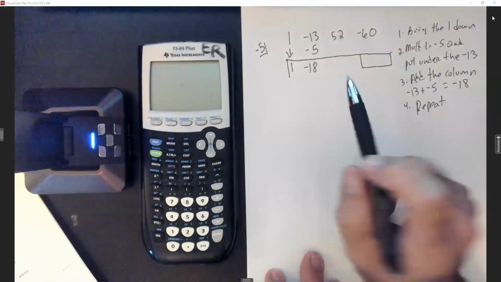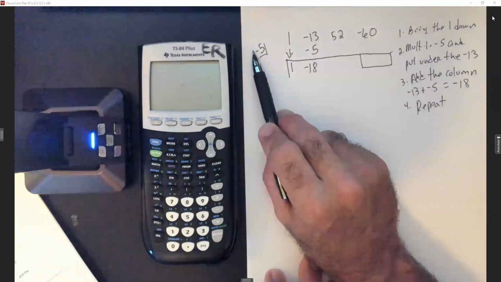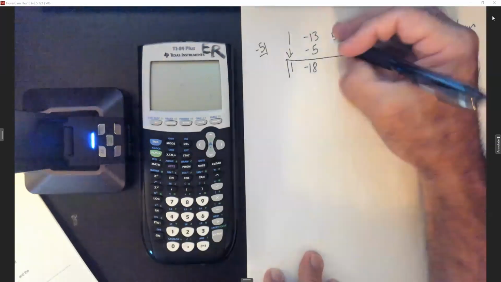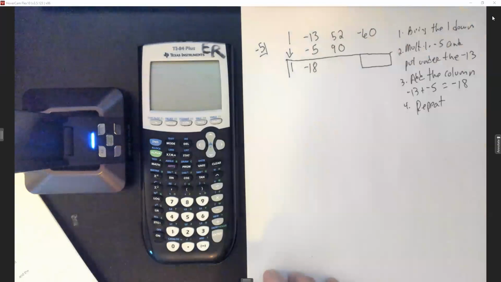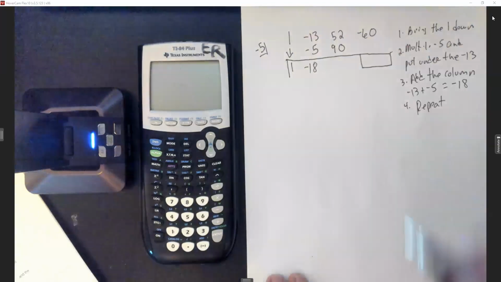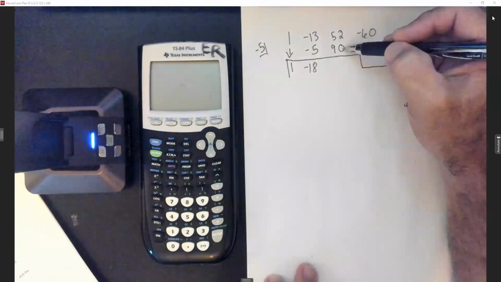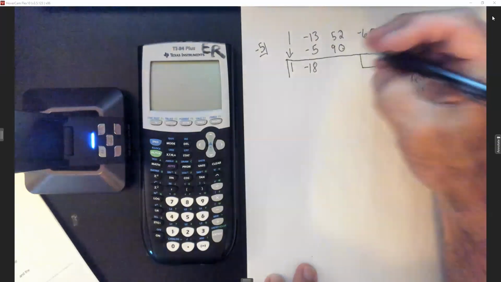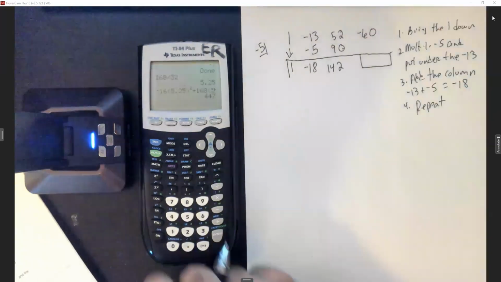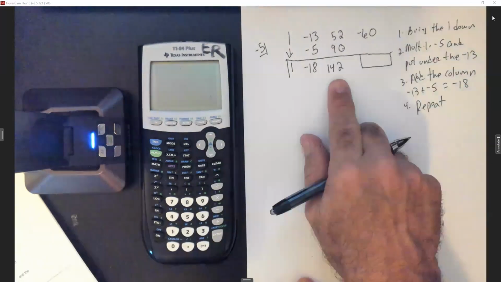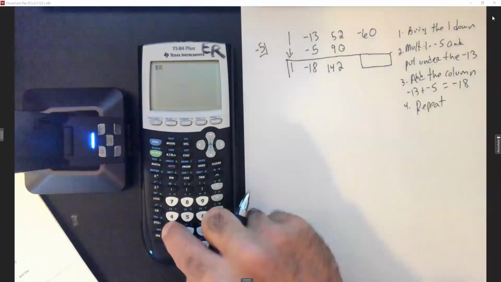Negative 18 times negative 5 is a positive 90. You would then add the 52 and the 90. That would give me 142. So calculator's going to help me on this one. 142 times negative 5.